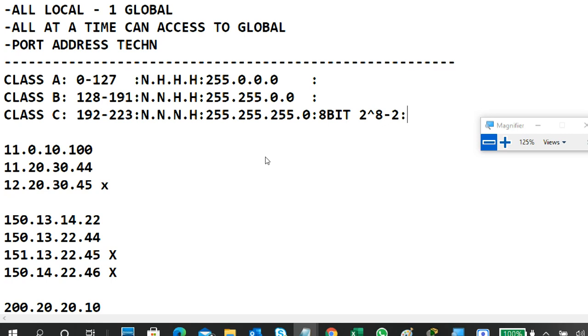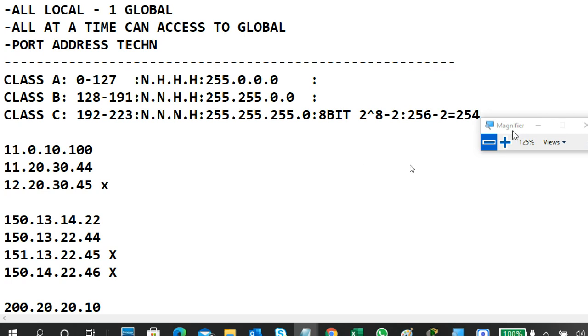So the actual number of hosts per network is 2 to the power of the number of host bits, minus 2, because 2 IP addresses in the total range we are not using. So 256 minus 2 is 254.